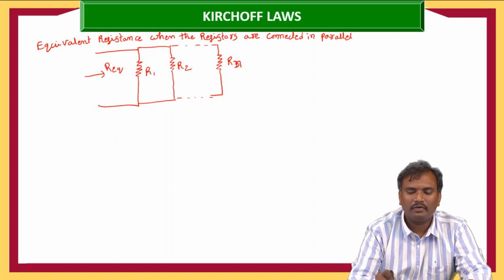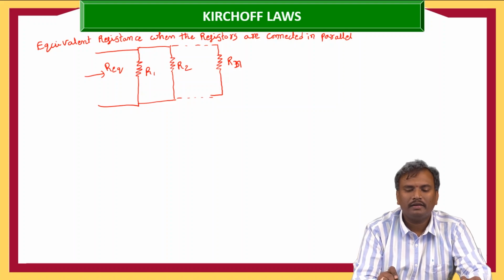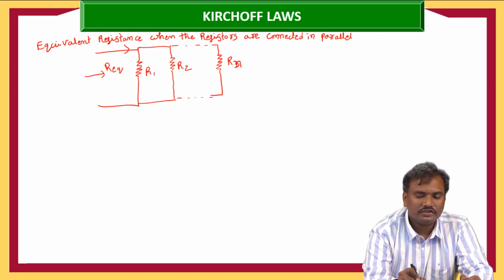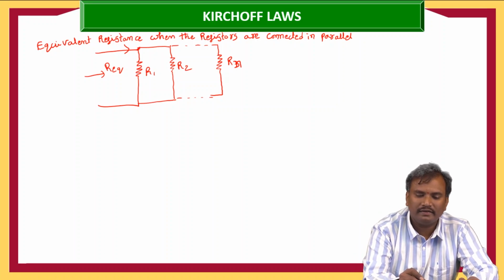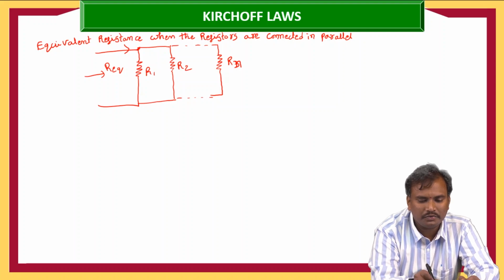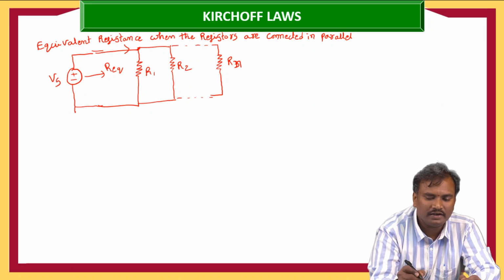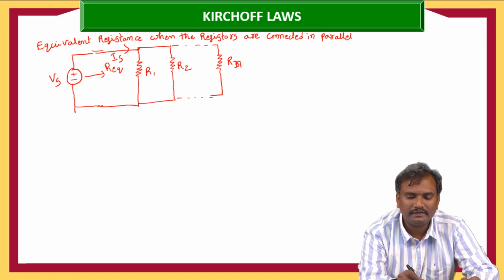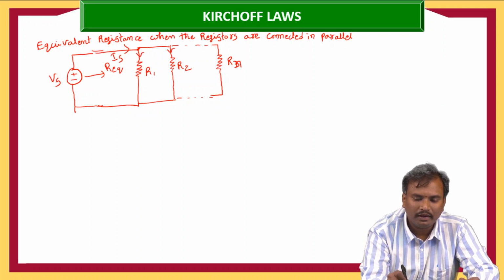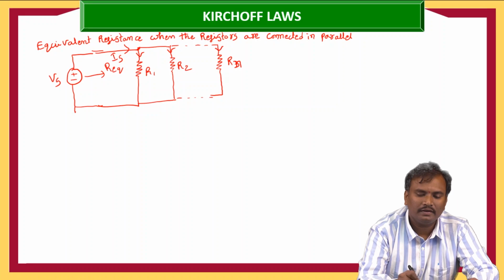For calculating R equivalent, we are going to write the current equation at this particular junction. If we give any supply, Vs, to these parallel connected resistors, the current Is will be flowing in this direction, and this current is divided into n parts, that is I1, I2, up to In.